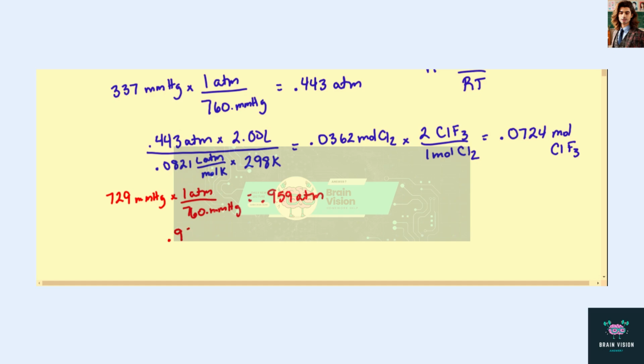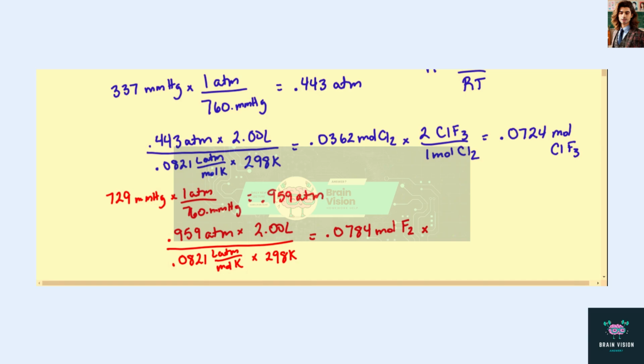So 0.959 atmospheres. It's still in the same vessel, which is 2 liters. The R does not change. That's the gas constant. And the temperature didn't change. That was 298 Kelvin. So here I get 0.0784 moles of fluorine gas.